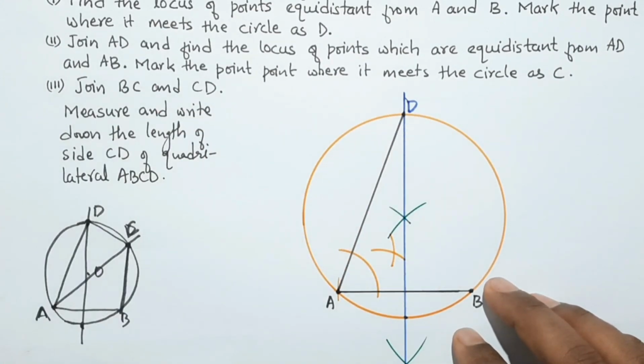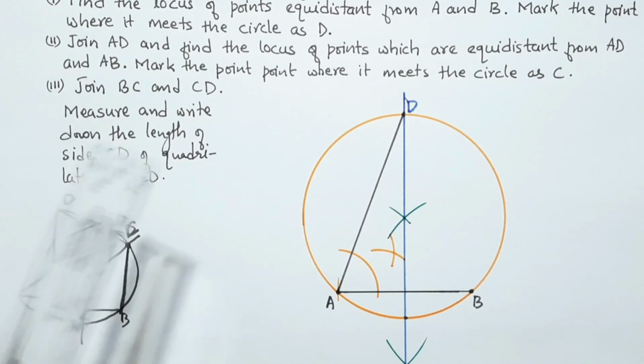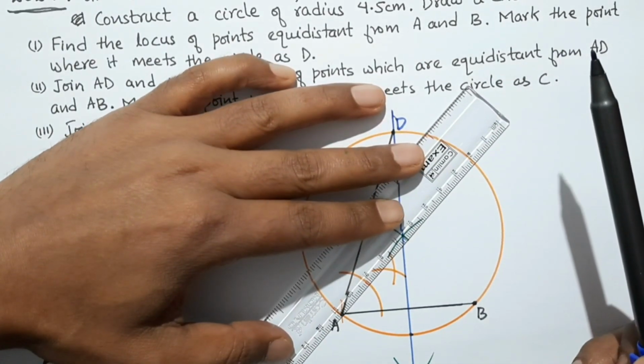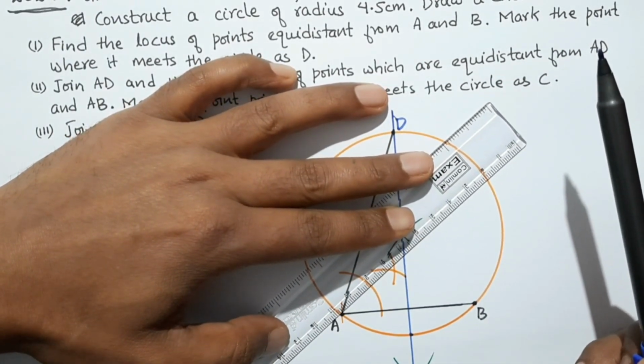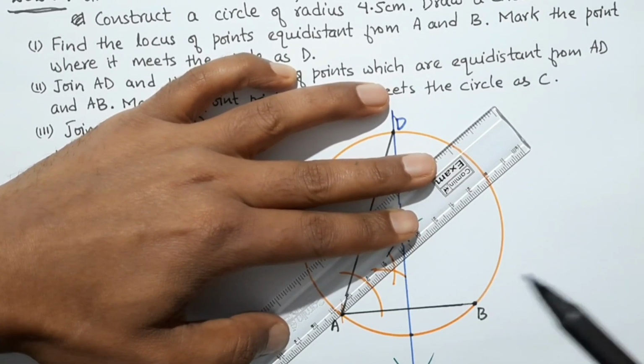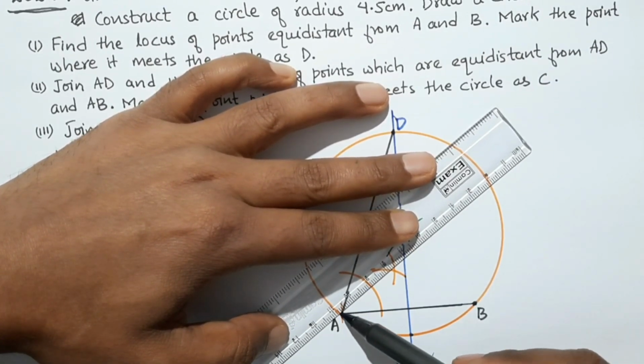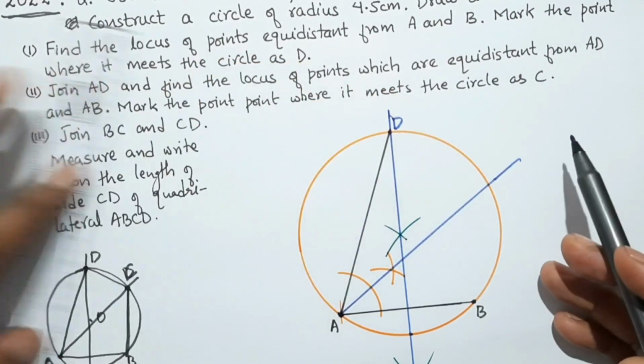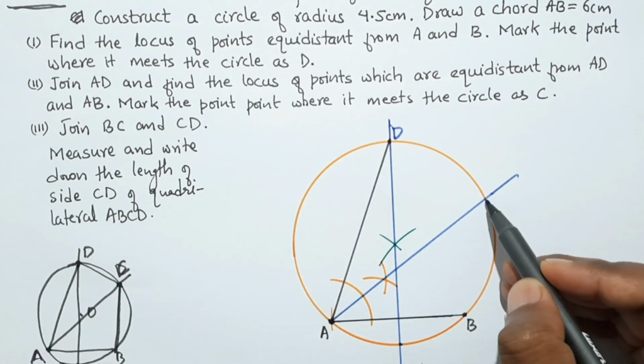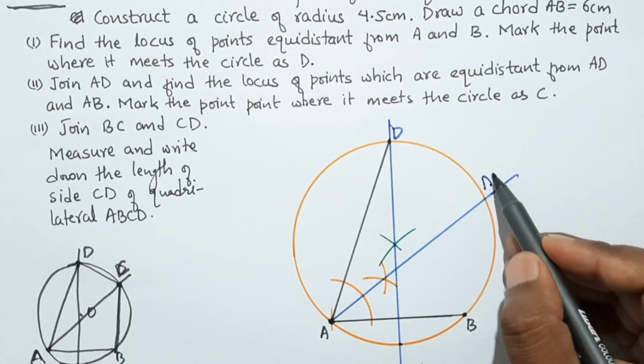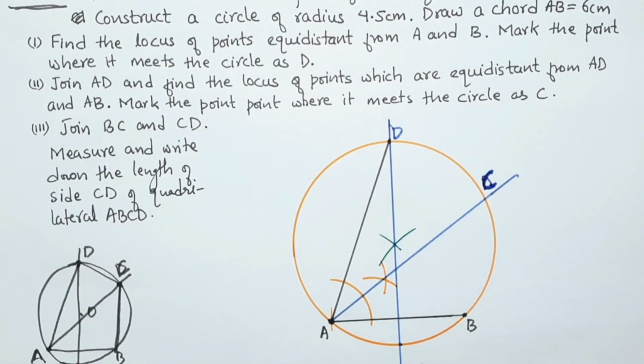So this is our angular bisector. Let us draw the angular bisector, which meets the circle at point C. So this is our point C.